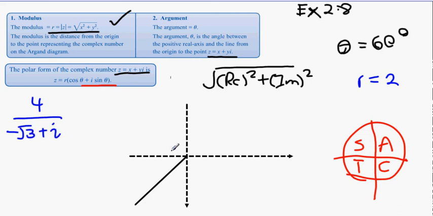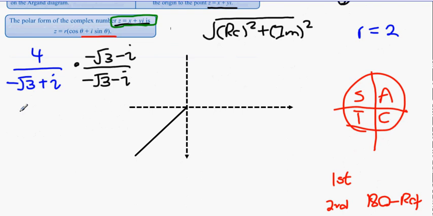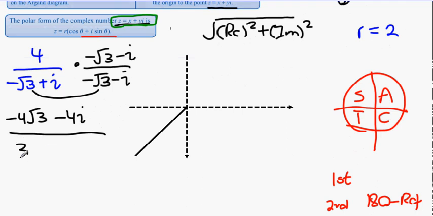Now the problem with this one is it's not in the usual complex number form. It has to be in the form x plus yi, as we can see here. So what I need to do is multiply the top and bottom by the conjugate, which is minus root 3 minus i. So I get minus 4 root 3 minus 4i, all divided by minus root 3 by minus root 3, which is 3.